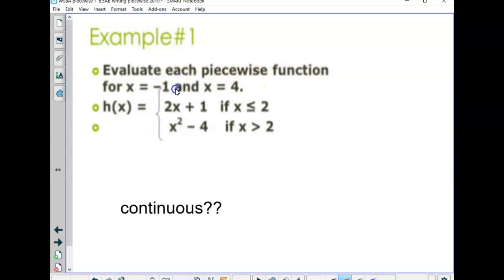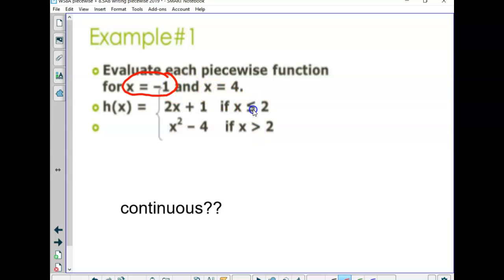Evaluate each piecewise function. This one says h of x equals 2x plus 1 if x is less than or equal to 2, x squared minus 4 if x is greater than 2. When I put a negative 1 in, which rule do I follow, top one or bottom one?